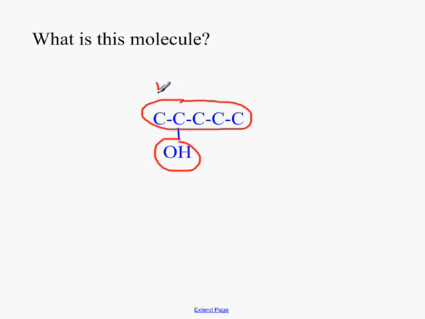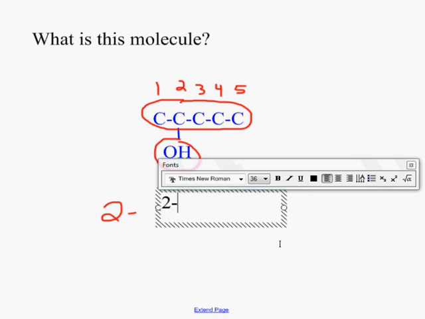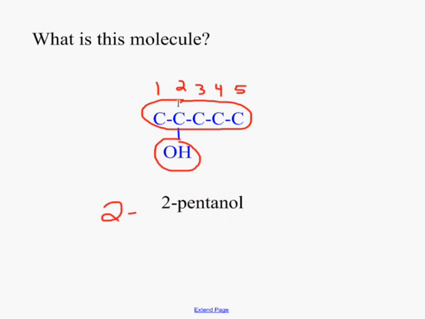Well, I hope you said we'd start from the left to right, because then we hit it sooner. 3, 4, 5, right? So this is pentanol, right? But what type of pentanol is it? It's 2-pentanol, right? So let's go ahead and write that in there. This would be 2-pentanol, because the alcohol actually came in at the 2nd carbon. So you could have had that alcohol at the 3rd carbon. You could have had it at the 1st one, right? It's a difference in the name there.